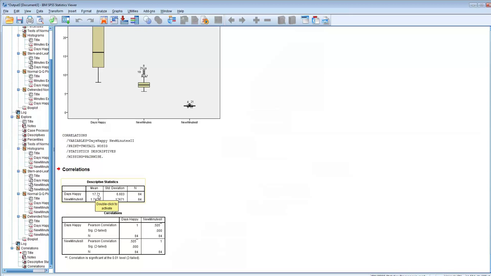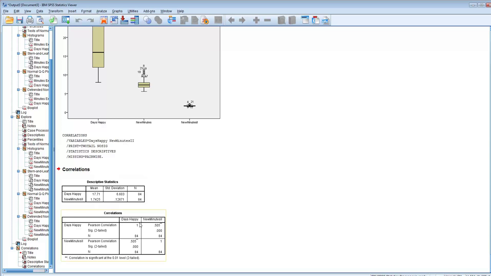That has not changed, and the standard deviation is 6. We have a new minutes mean of 1.74. Now this is tricky because this is a log transformation, and interpreting this could be problematic. But not necessarily so, because in a correlational analysis, we're not trying to make an inference. We're simply deciding whether there's a relationship between these two variables.